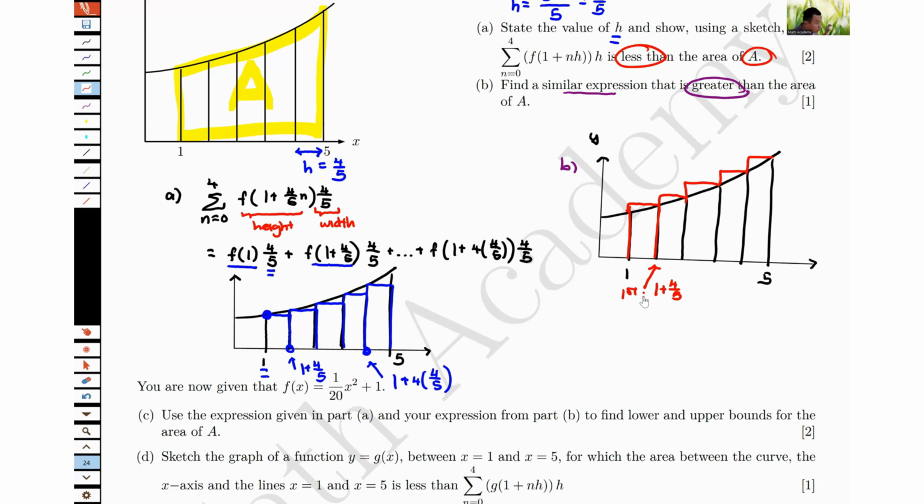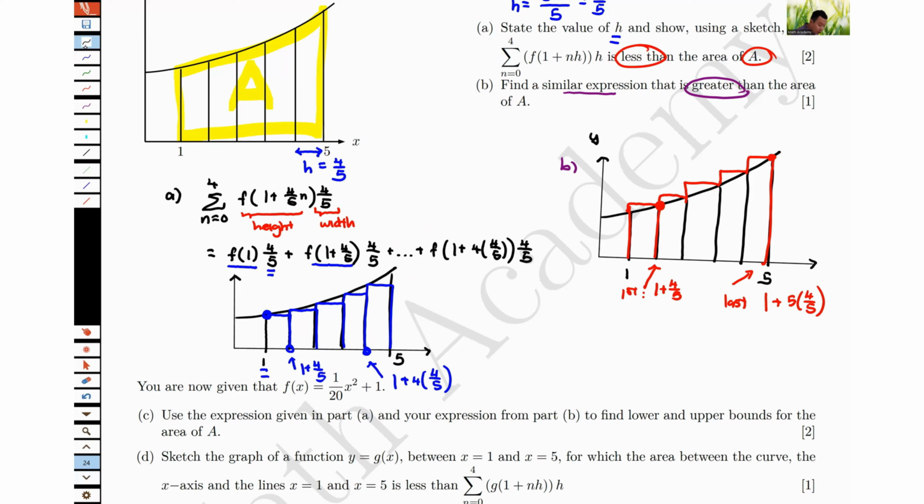With the x value at 1 plus 4/5, it's the top right point that touches the curve, not the top left. So your very last height, what is that last height? The last height is 1 plus 5 times 4/5. It's different and it's shifted by 1 compared to the blue diagram.